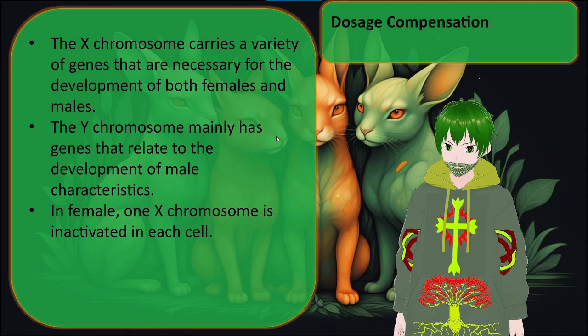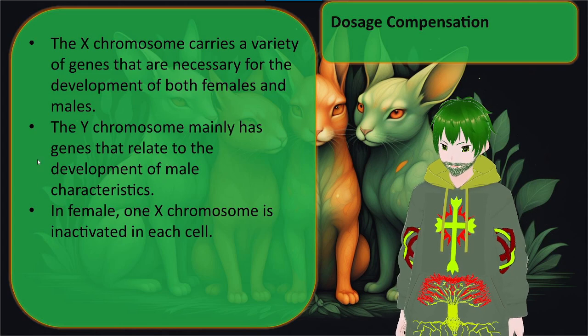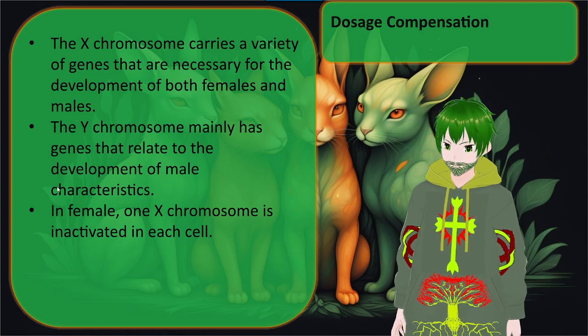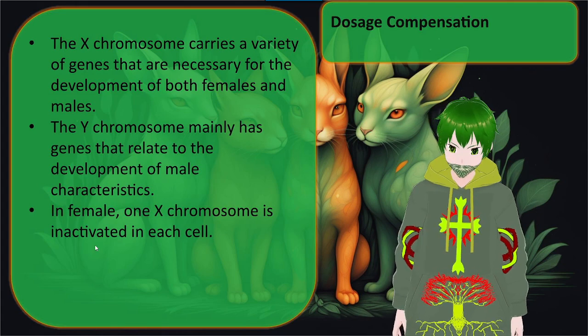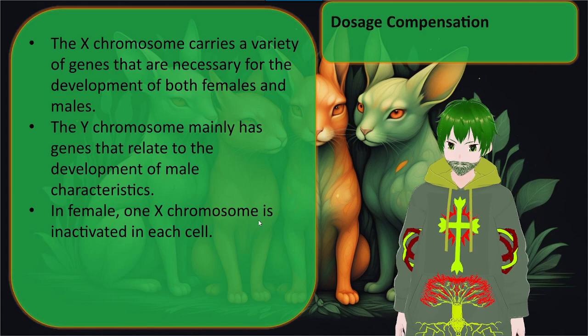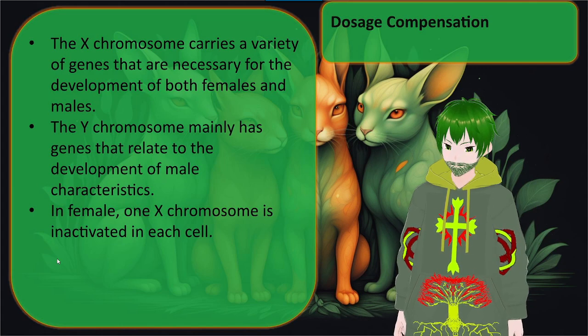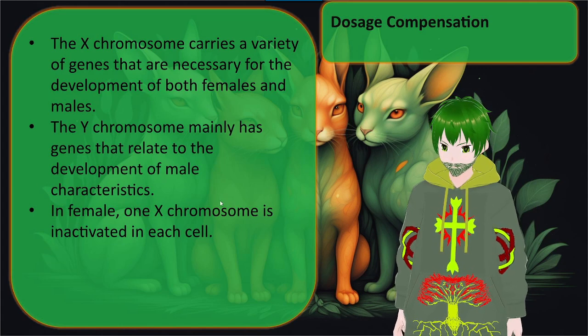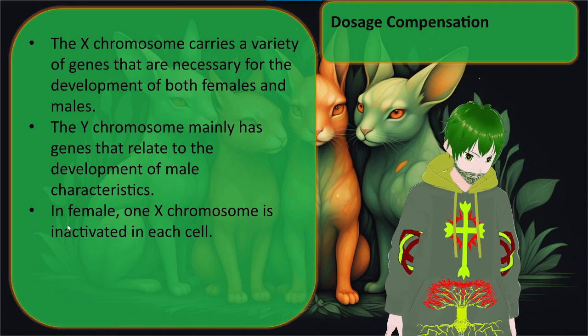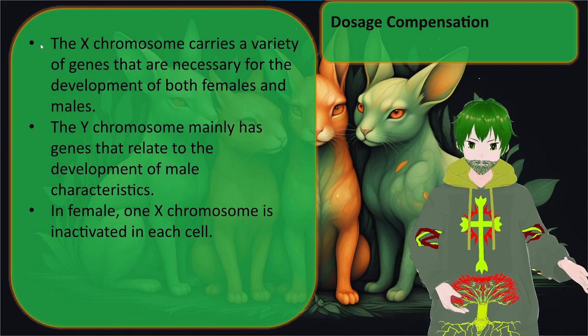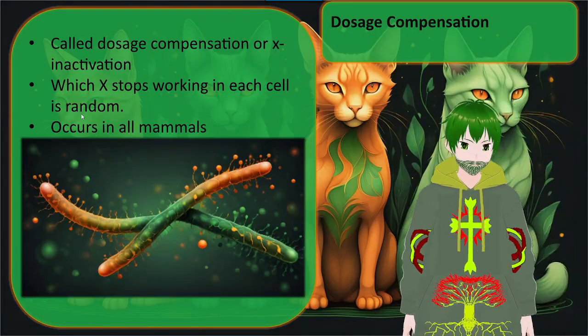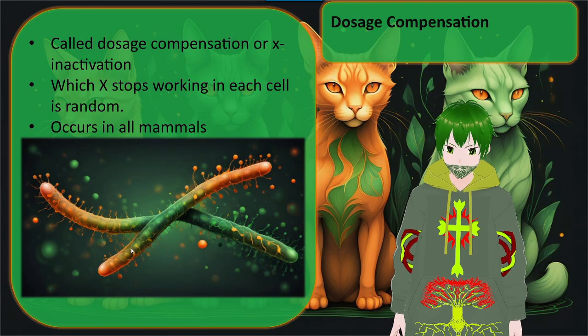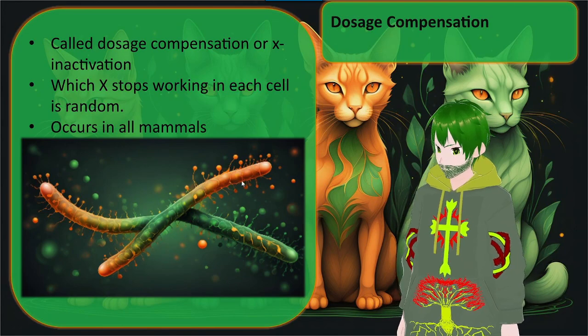The Y chromosome, on the other hand, mainly has genes that relate to the development of male individuals. Now, in females, one X chromosome is inactivated in the cells, and so therefore the other one is thereby expressed. Okay, and so your inactivated chromosome becomes what's known as a Barr body.